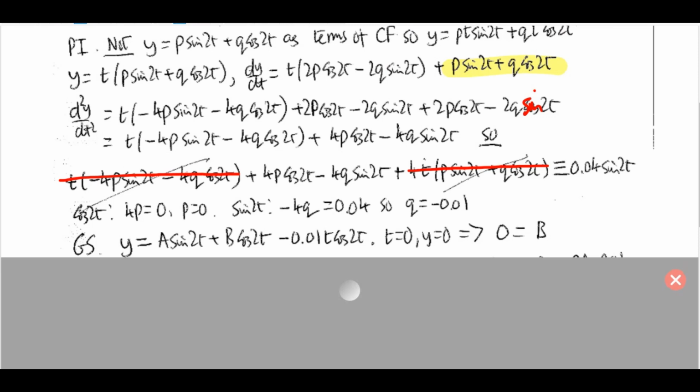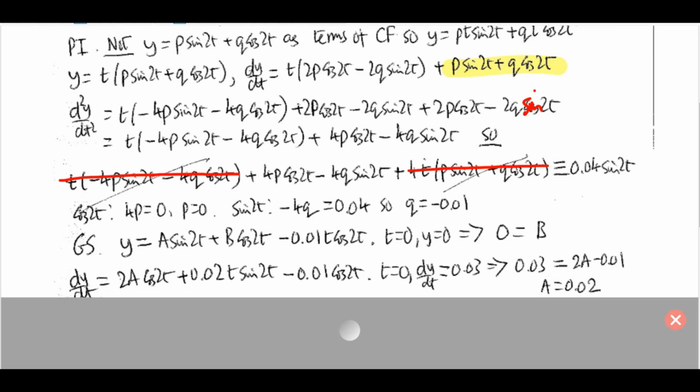To now work out a and b, we are told initially, which means when t is 0, y is 0. So on the left-hand side, you get 0. If t is 0, sine of 0 is 0, so the a term becomes 0. Cos of 0 is 1, so you get b. And the last term is 0 because of the factor of t in it. So that means that b is equal to 0.